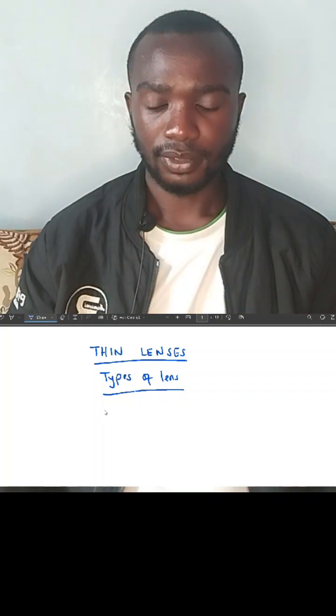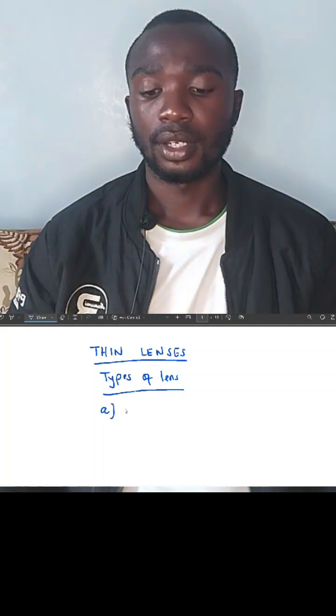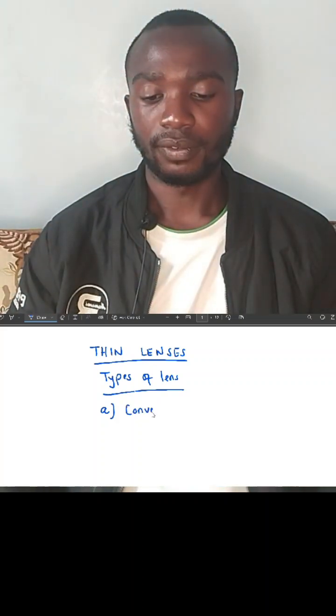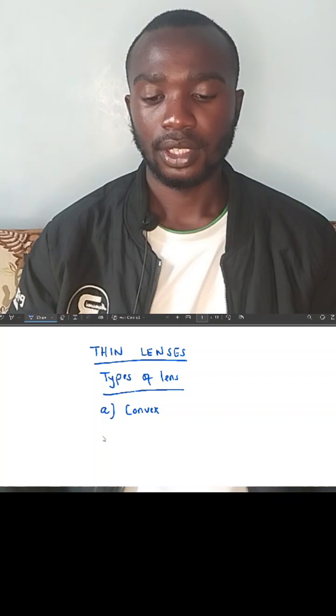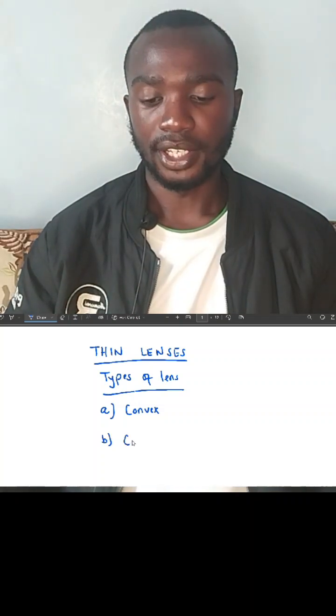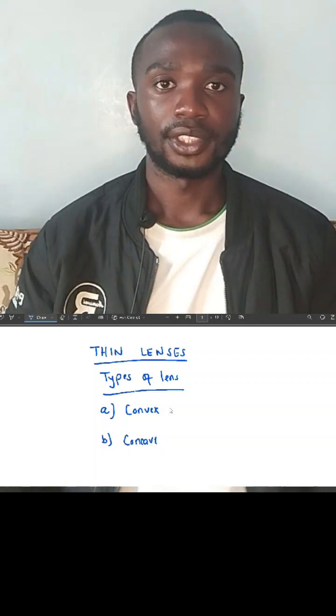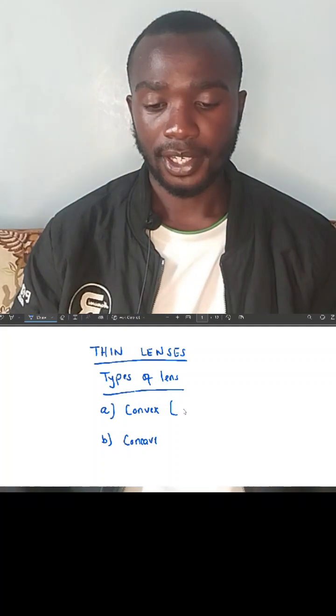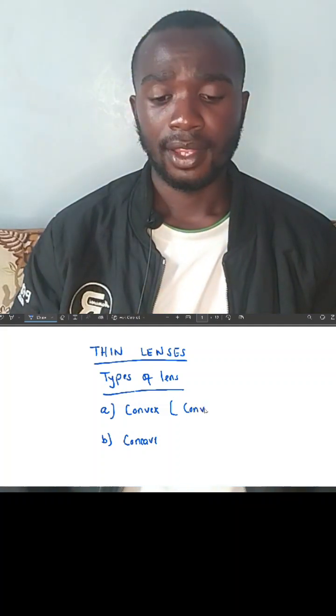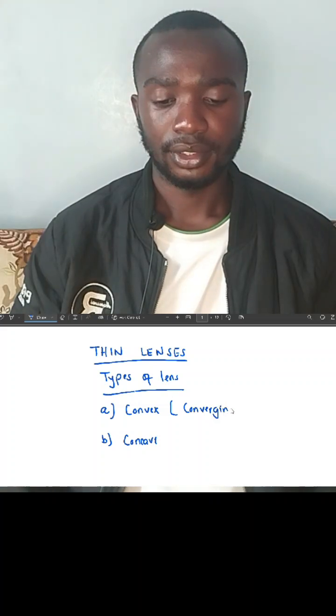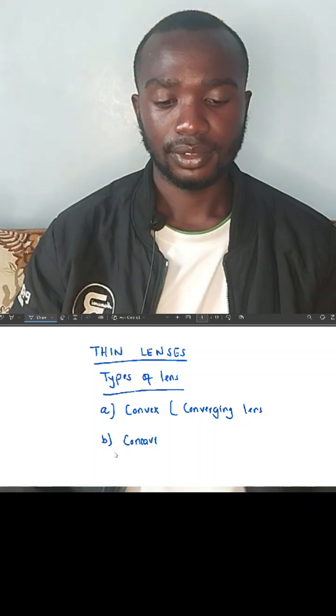So the first type of lens inaitwa the convex. Then tuko na ingine inaitwa the concave. So the convex pia inaweza itwa converging. You can also call it converging lens.